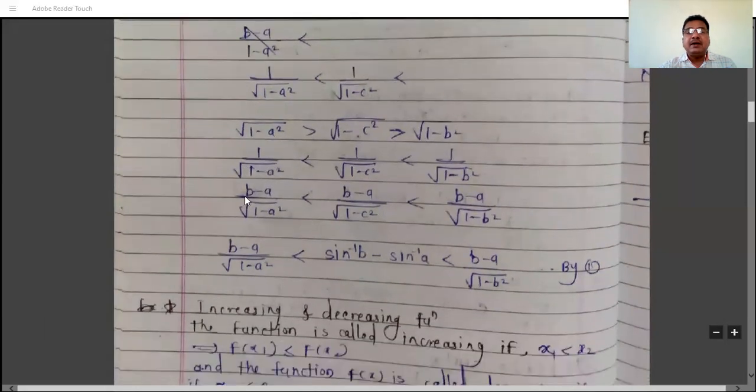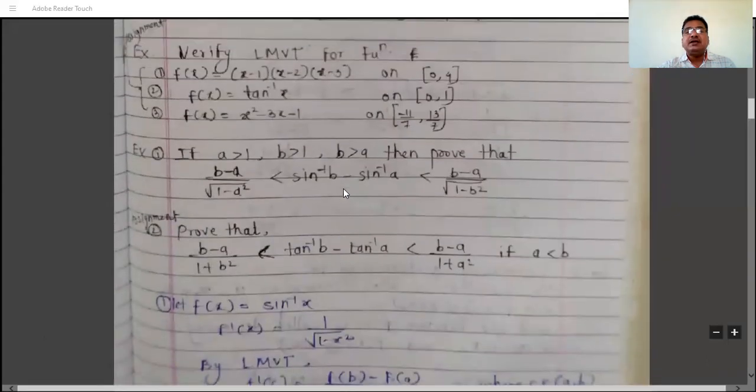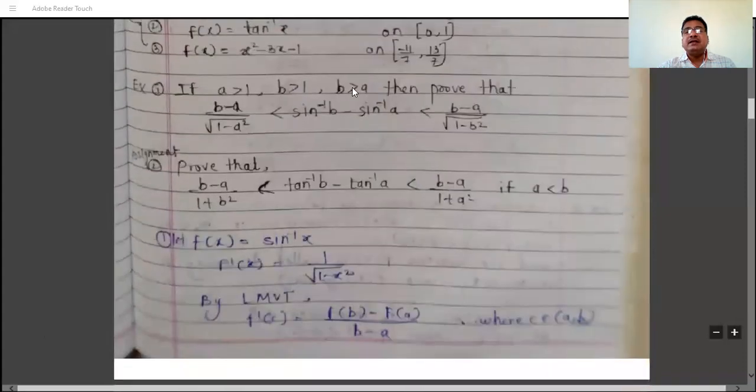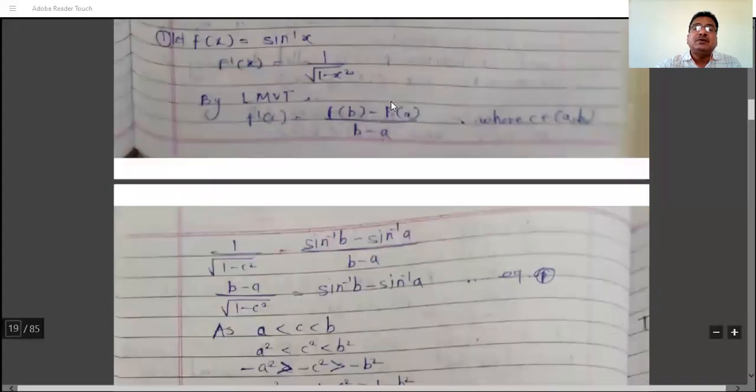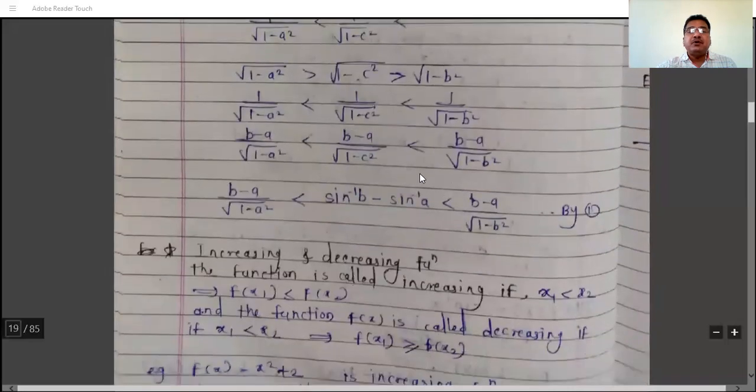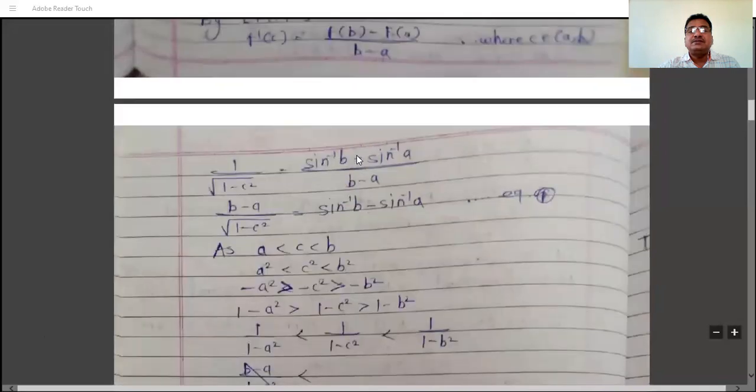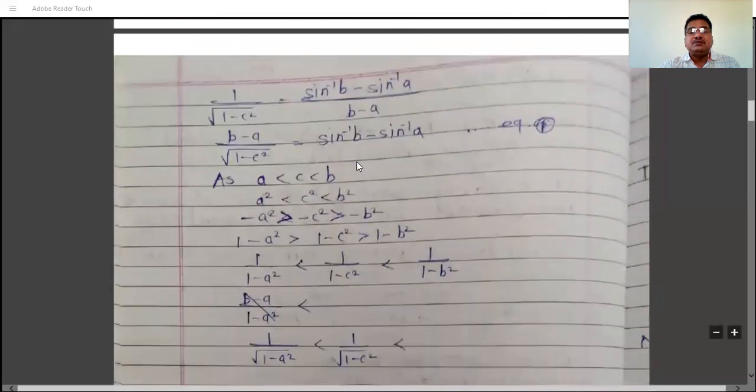And then multiplying by b minus a throughout, less than remains less than, because b minus a is a positive quantity. b is greater than a means b minus a is a positive quantity. And if we multiply by a positive quantity, then less than remains less than, greater than remains greater than. So after multiplying by b minus a, we have this. And then b minus a divided by root 1 minus c square is what?